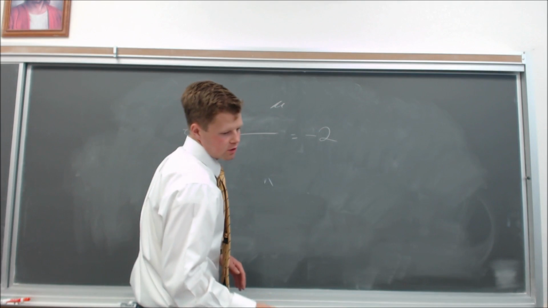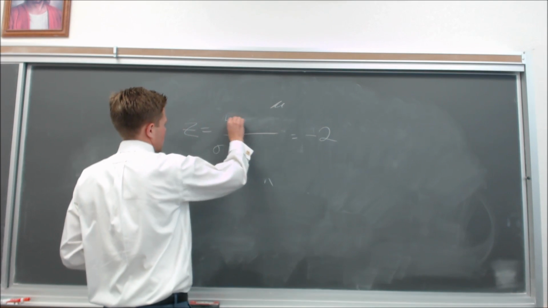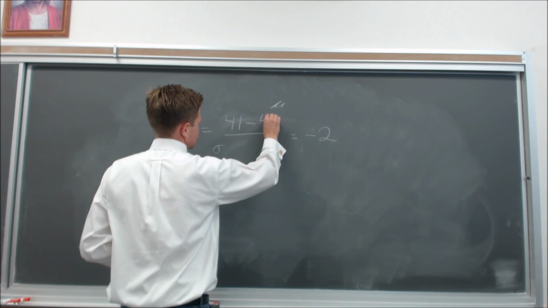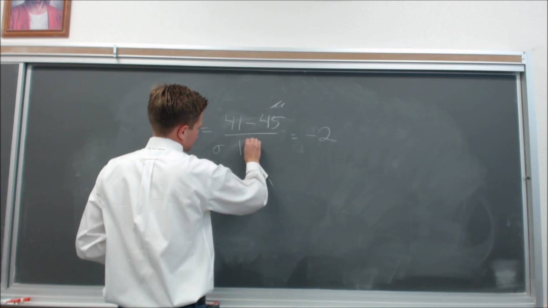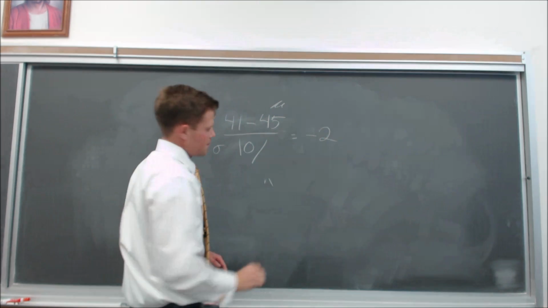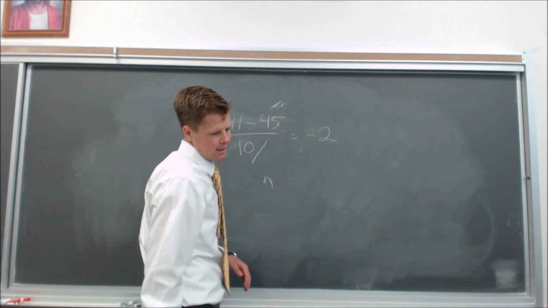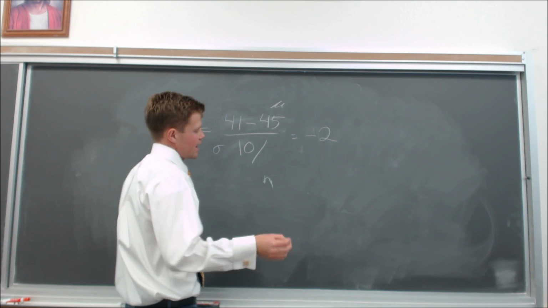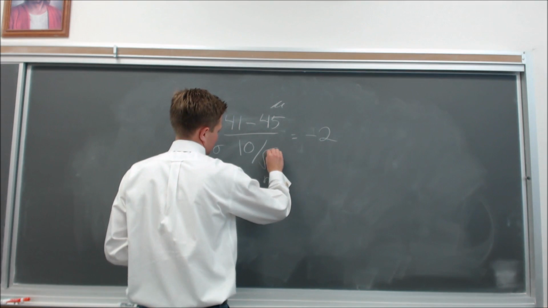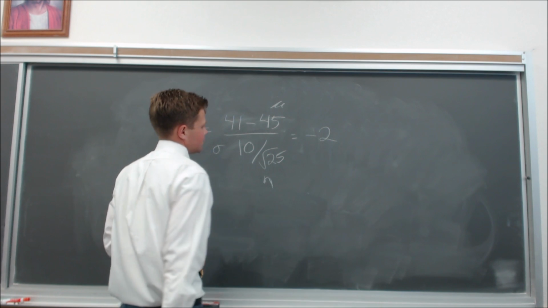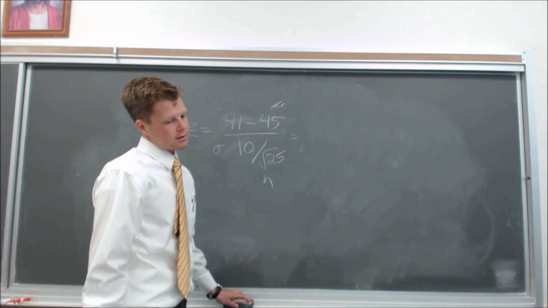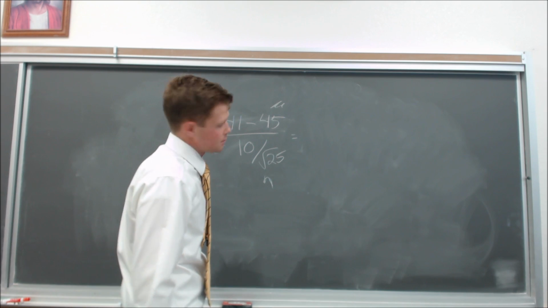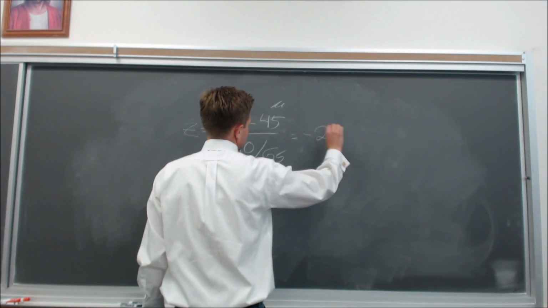First off, let's do less than 41 minus 45 divided by, we still have the sigma is 10, but this time our n is the 25, the sample size that they gave us, so the square root of 25. And as we do that, our answer is actually negative 2 again.